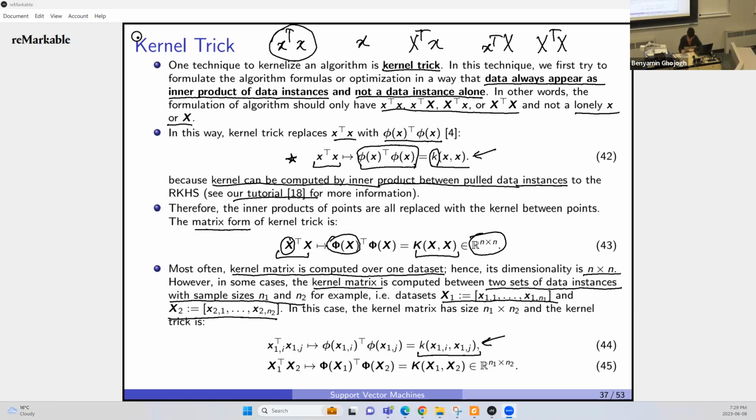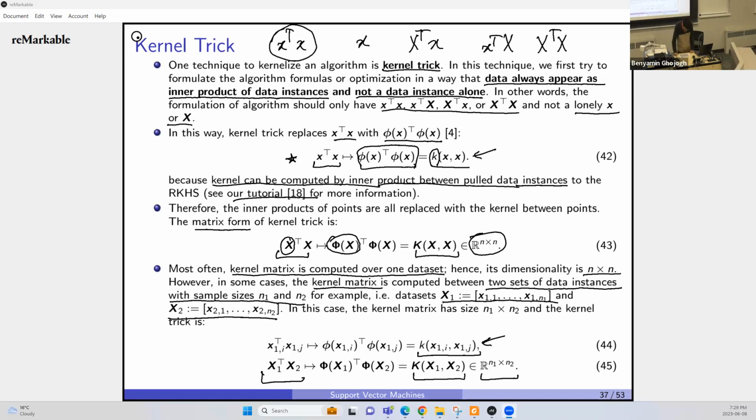This is a scalar, but we can also have the kernel between the whole data set 1 and the whole data set 2. This is a matrix of N1 rows and N2 columns, so it will not necessarily be a square matrix this time. I think it's obvious now: kernel is a measure of similarity.